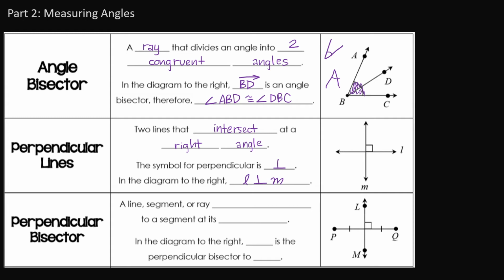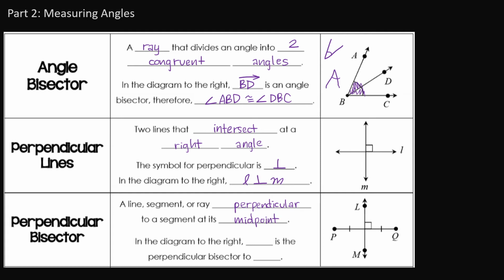And next we have perpendicular bisectors. So a perpendicular bisector, I know this is vocabulary heavy, is a line, segment, or ray perpendicular to a segment at its midpoint. So let's break that down really quick.